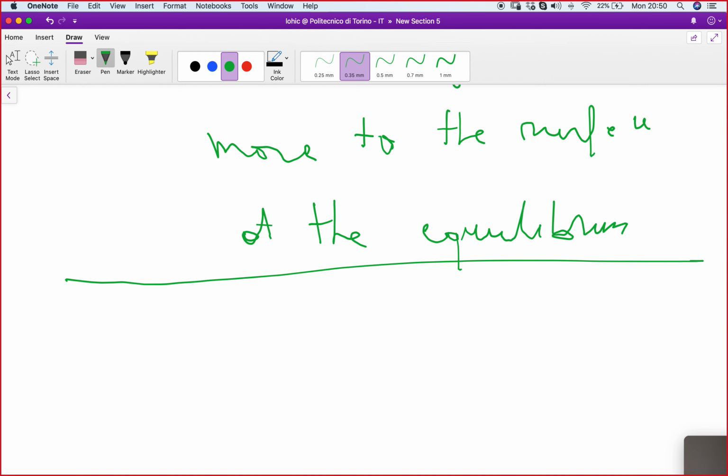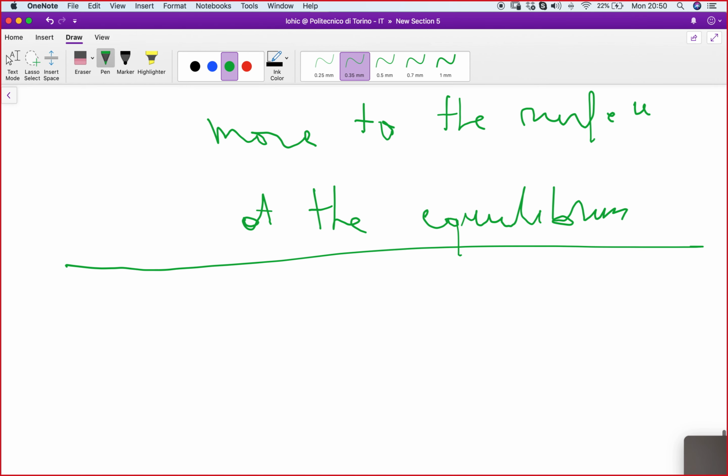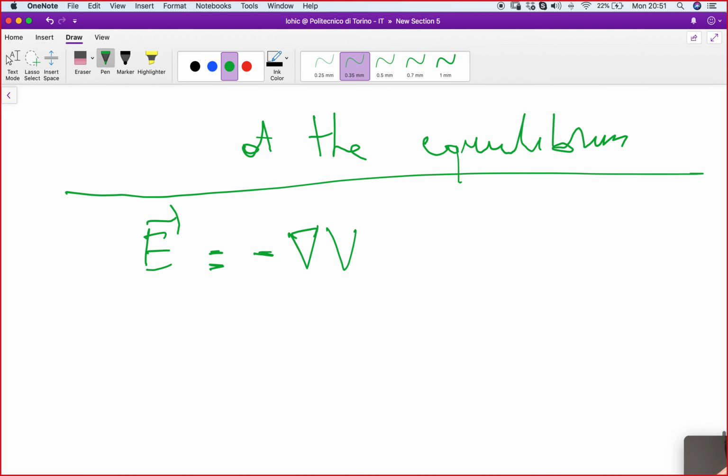In the lecture of yesterday, we saw that the electric field is equal to minus the gradient of the potential. Just to refresh, here is what it means.